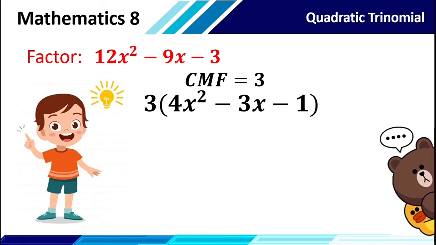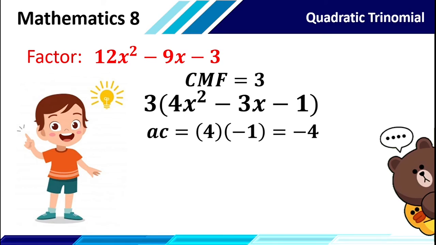How do we get our remaining factor? Again, we divide each term of our quadratic trinomial by the common monomial factor. As you can see here, our remaining factor is a quadratic trinomial. So let's find our AC. A is equal to 4 and C is equal to negative 1. 4 times negative 1 is negative 4.